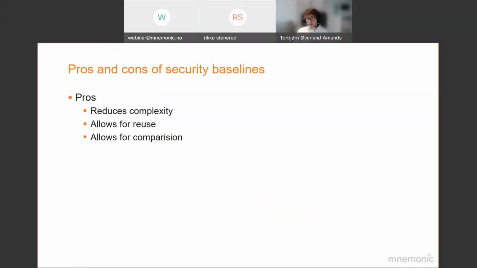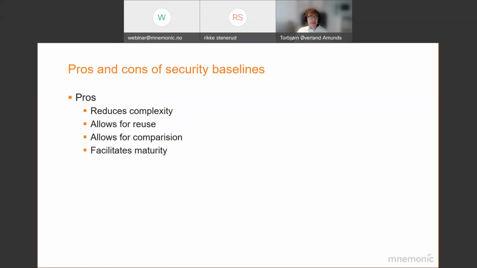Because in many cases, and I will be getting back to this point, you are in a situation where you might be forced to take on more risk than you would have liked. But at least you can see how much more compared to other third parties who have a process or product with the same criticality. And of course, it allows for benchmarking, to see, okay, are there huge differences between many of our third parties?